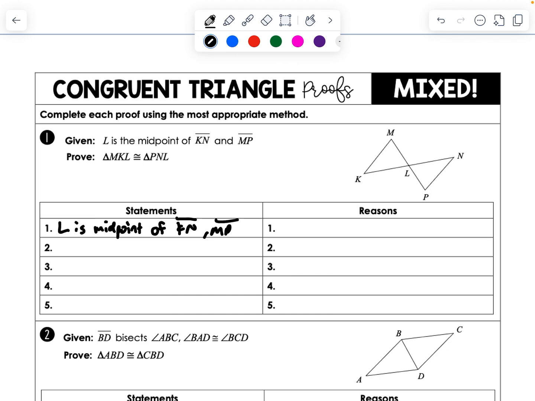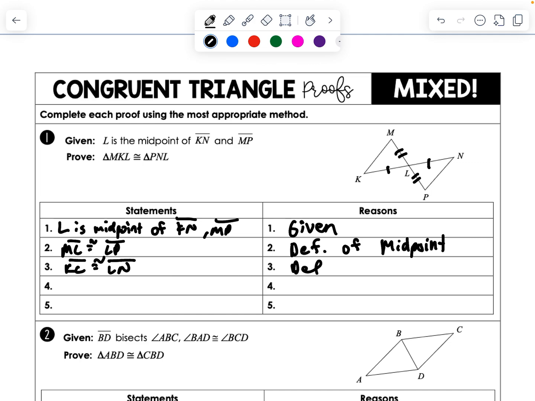If L is the midpoint of KN, we have this side congruent to here, this side congruent to there. So let's go ahead and write that down. ML congruent to LP. Forgot to write given there. Why? Well, it's midpoint, so we would write definition of midpoint. And then we're going to do it again. So KL congruent to LN, definition of midpoint.